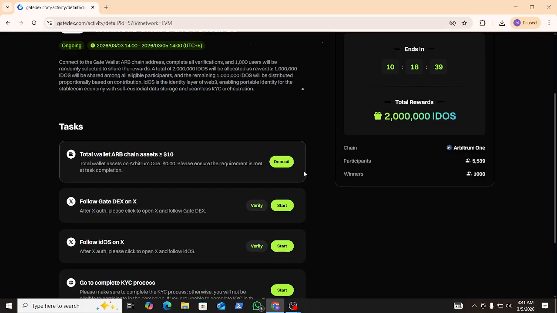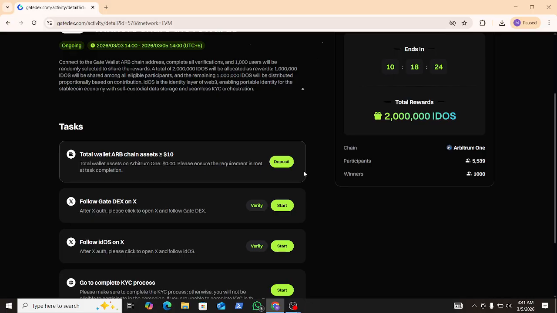Total valid asset on Arbitrum: 10.00. Please ensure the requirement is met at task completion.